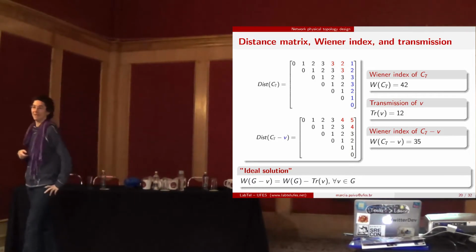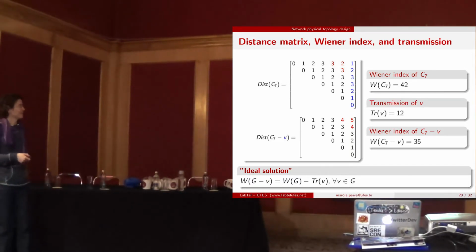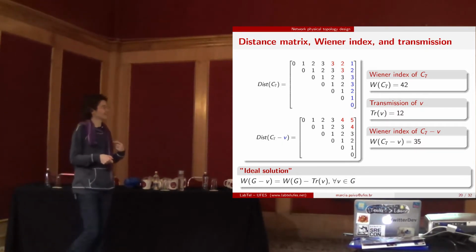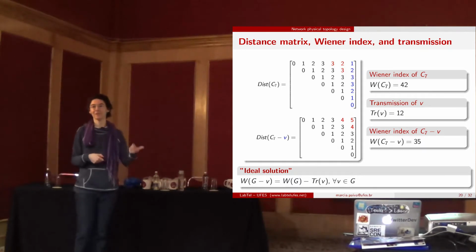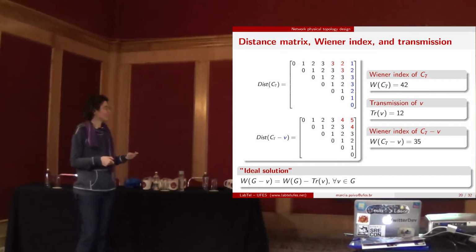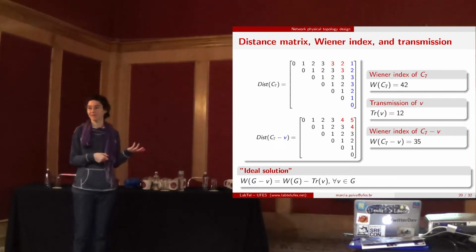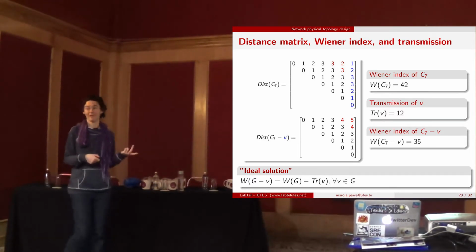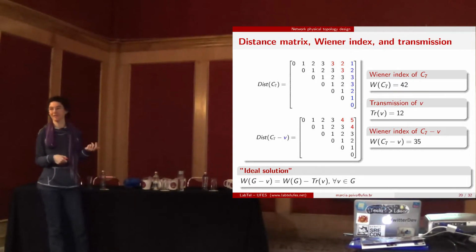So what happens here? We show that this node that I have removed has impacted the Wiener index of the new network. Why is that? Because I could expect to find 42 minus 12, so I could expect 30 here, but I have found 35.